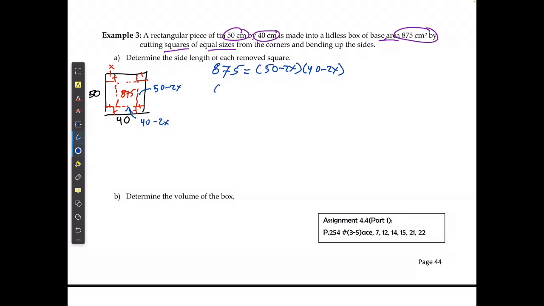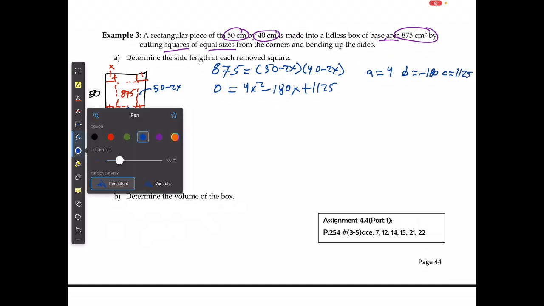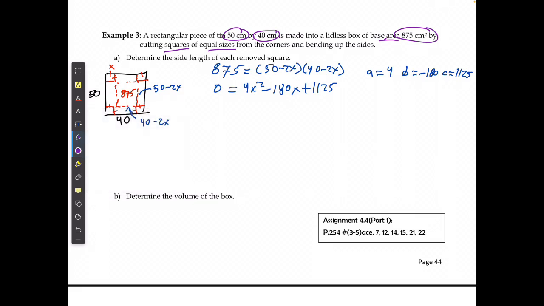This means that 0 is going to equal 4x squared minus 180x plus 1,125. A is equal to 4, B is equal to negative 180, and C is equal to 1,125. Even though I'm dealing with bigger numbers, the process is still the same.